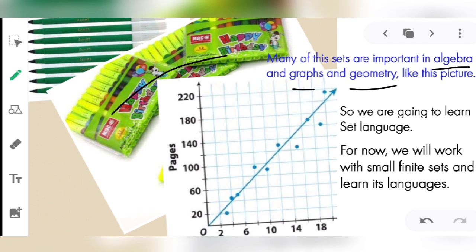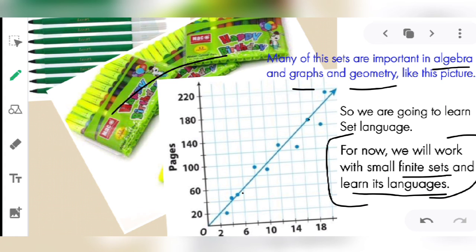This is algebra. And when we plot points in a graph and find the line segment which intersects those points, that is also set language. And here in the 9th standard syllabus, we are just learning the finite sets and their language.